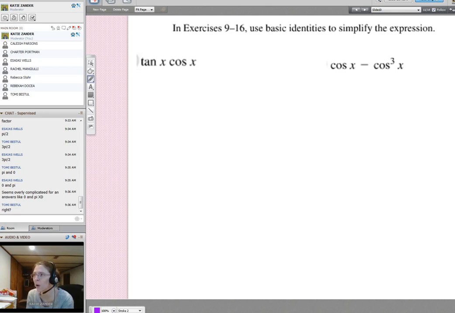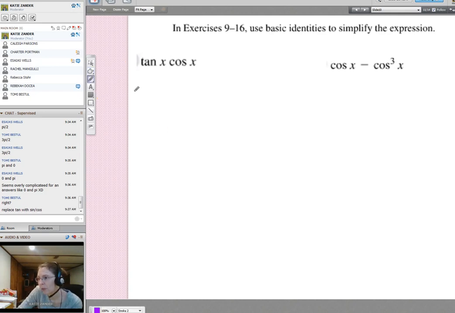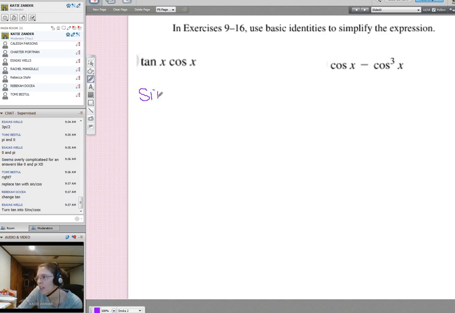So looking at the first one, what would you try to do to simplify tangent x times cosine x? Replace tangent with sine over cosine. Awesome.